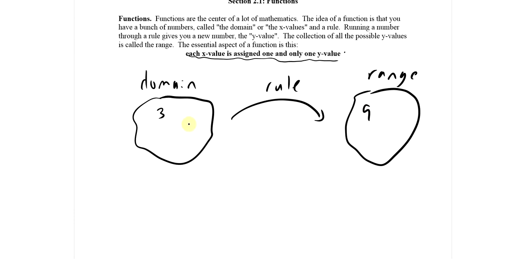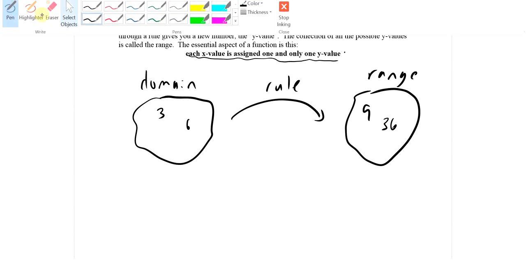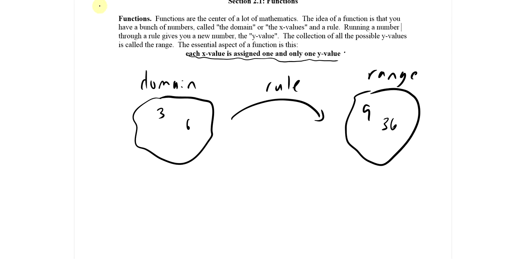And suppose you also had in your domain the number 6, and that got assigned to 36. You know, the 3 goes to 9, 6 goes to 36.